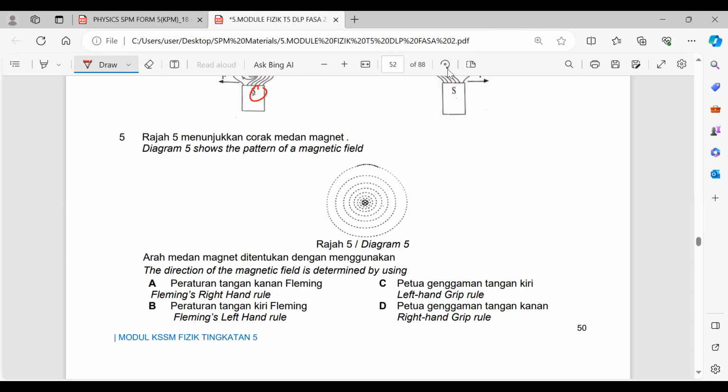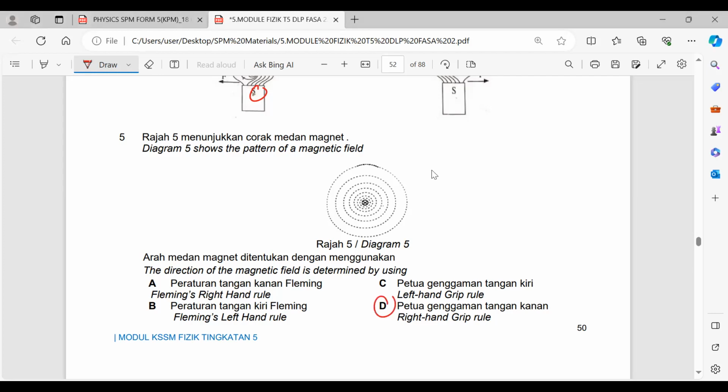Fleming right hand rule, Fleming left hand rule, left hand grip rule, right hand grip rule. To determine the direction of the magnetic field, it should be the right hand grip rule. Okay, so right hand grip rule we use.